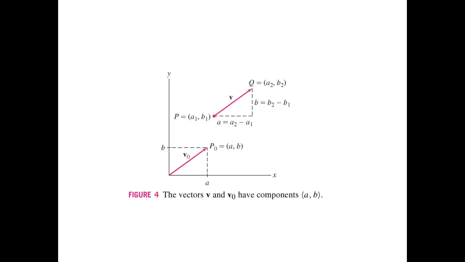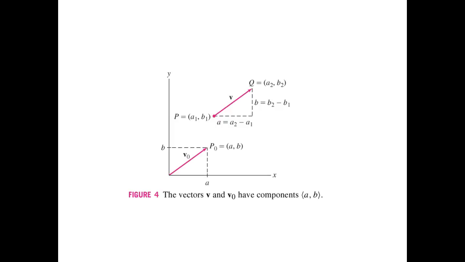The components of the vector are AB, A being A2 minus A1, B being B2 minus B1, okay? Now, translate that vector to an equivalent vector whose initial point is the origin. That gives us the vector this book calls V0, okay?